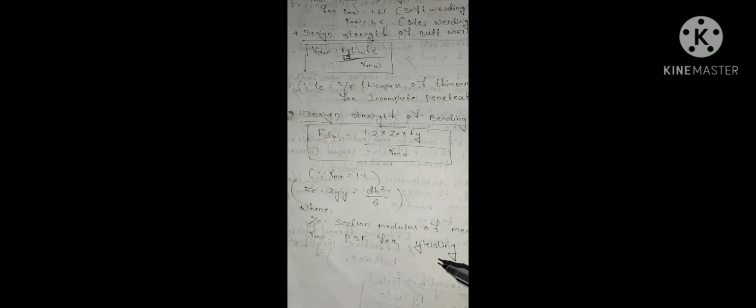So the design strength in bending moment formula is FTW: 1.2 into Ze into Fy divided by gamma m0. Gamma m0 equals 1.1. Now discuss Ze. Ze means the section modulus of the member, and gamma m0 is the partial safety factor for welding.